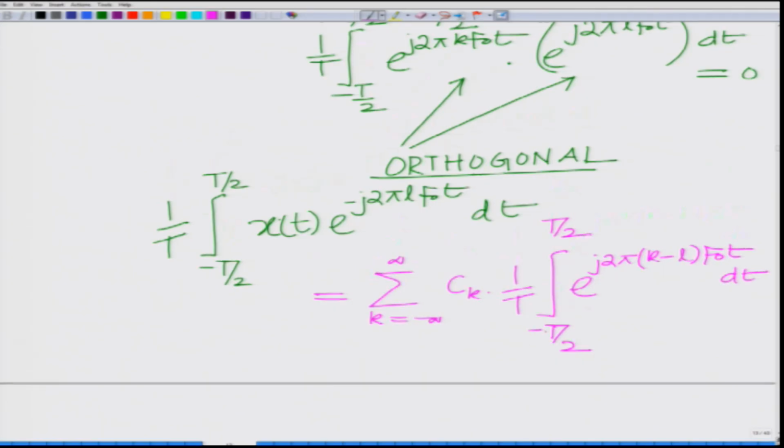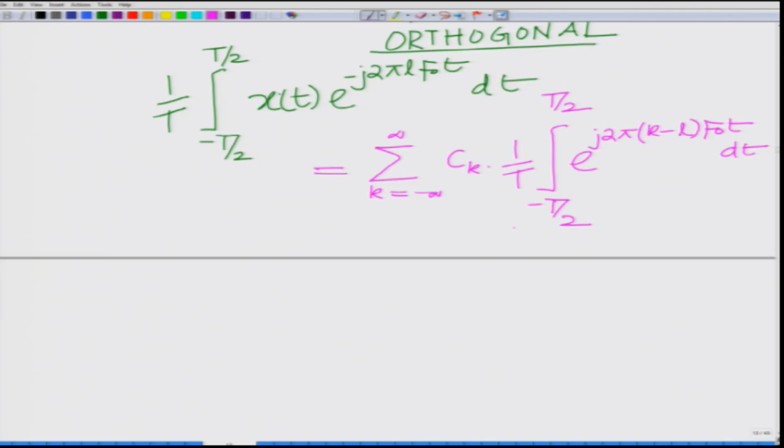This integral is 0 if k is not equal to L, and non-zero only if k equals L. So only the term corresponding to C_L is going to remain.